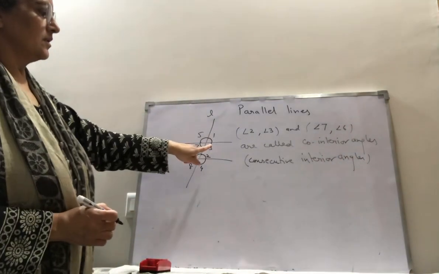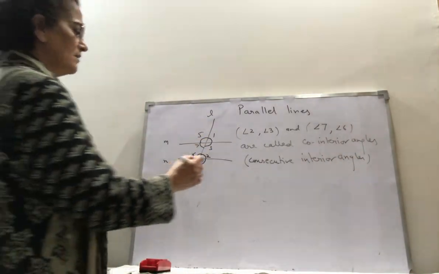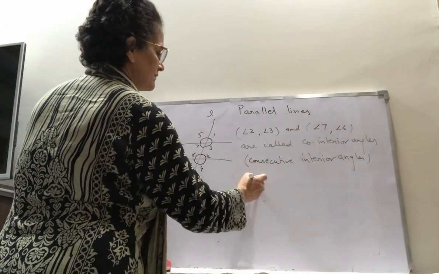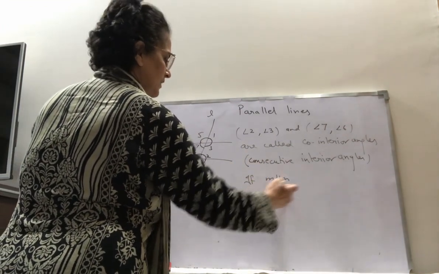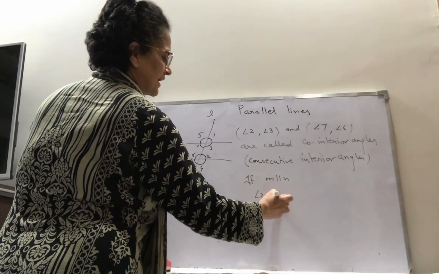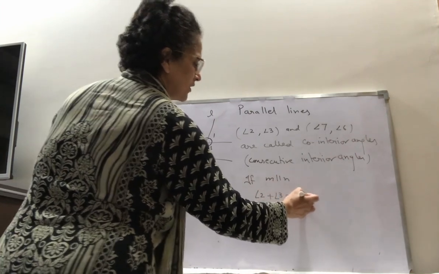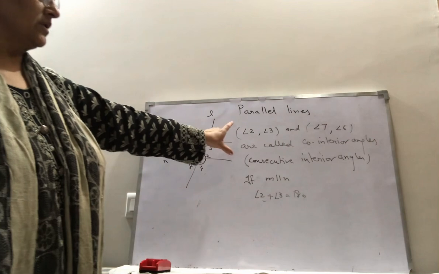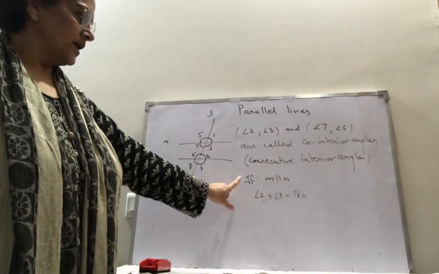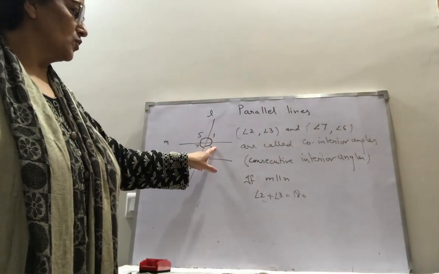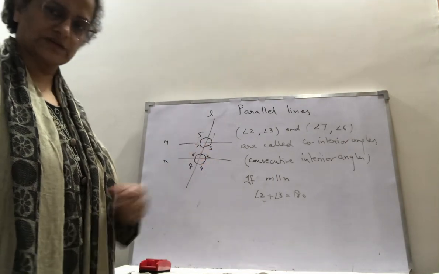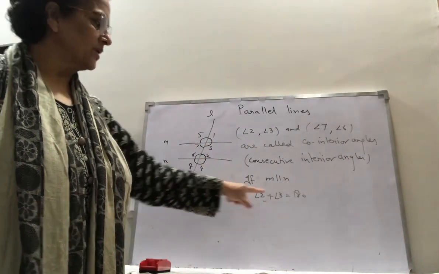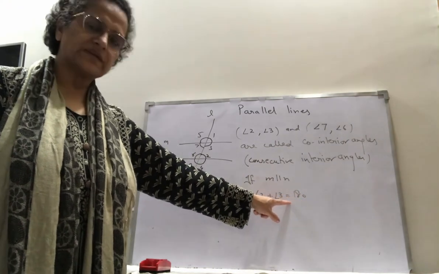So if lines are parallel, again both ways, if M is parallel to N, angle 2 plus angle 3 will be equal to 180 degrees. So the name we have revised, and we can say the co-interior angles, which are angles on the same side of the transversal, will be supplementary. What do we mean by supplementary?